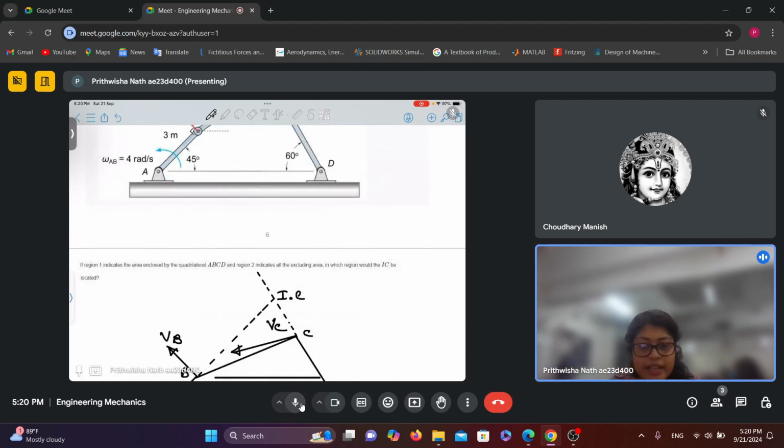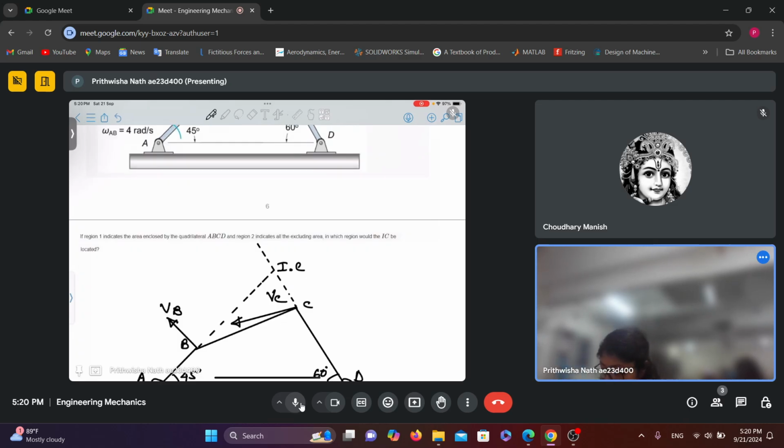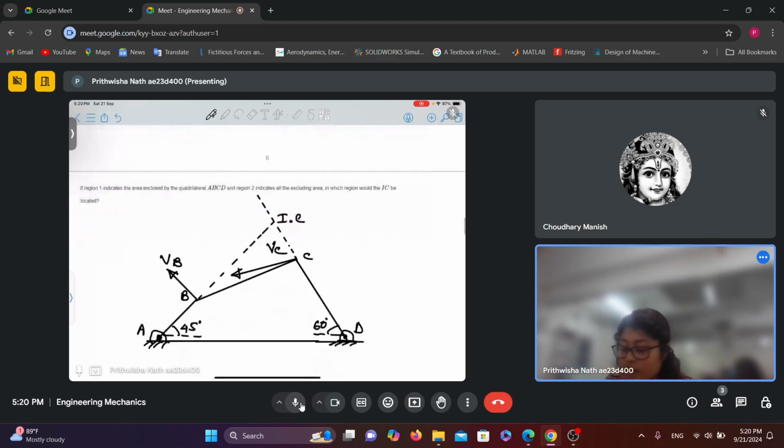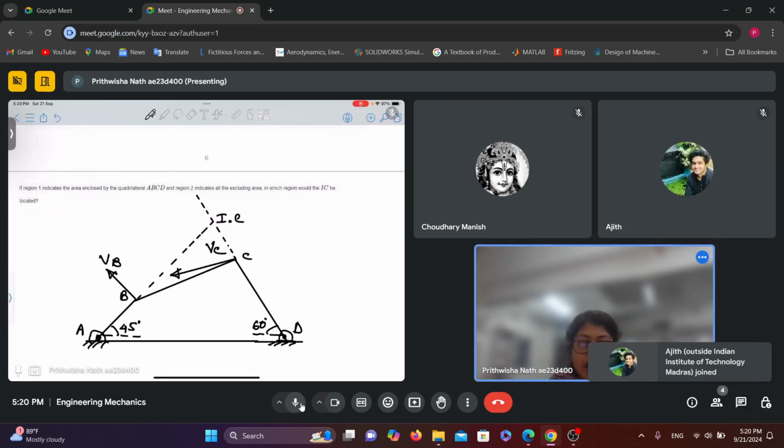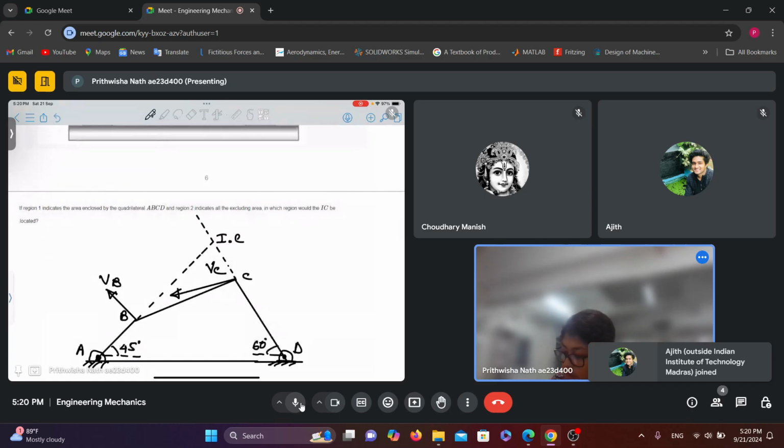So this is the IC, right? I just drew the lines perpendicular. I just extended C. This BC is perpendicular to this link CD, right? And this AB, the velocity VB is perpendicular to AB, right?